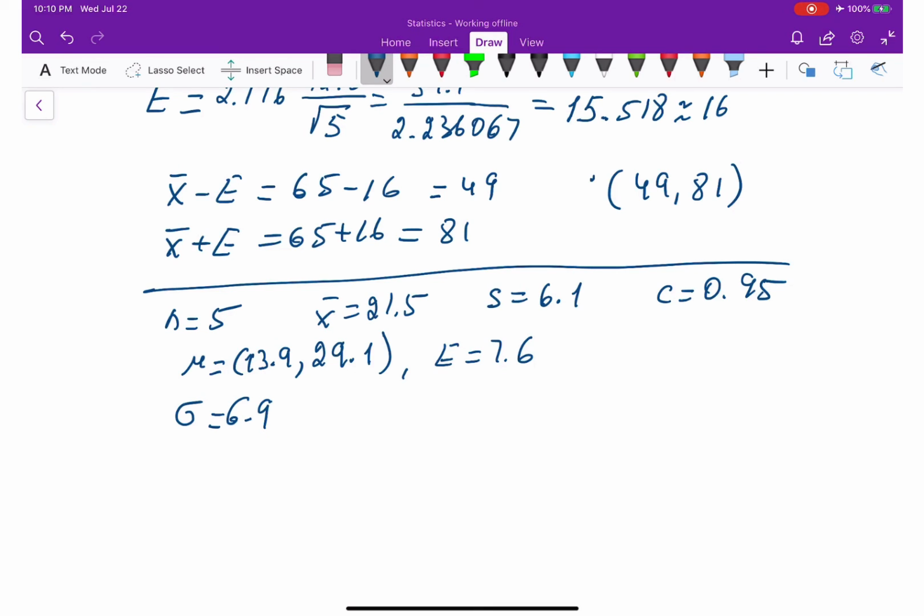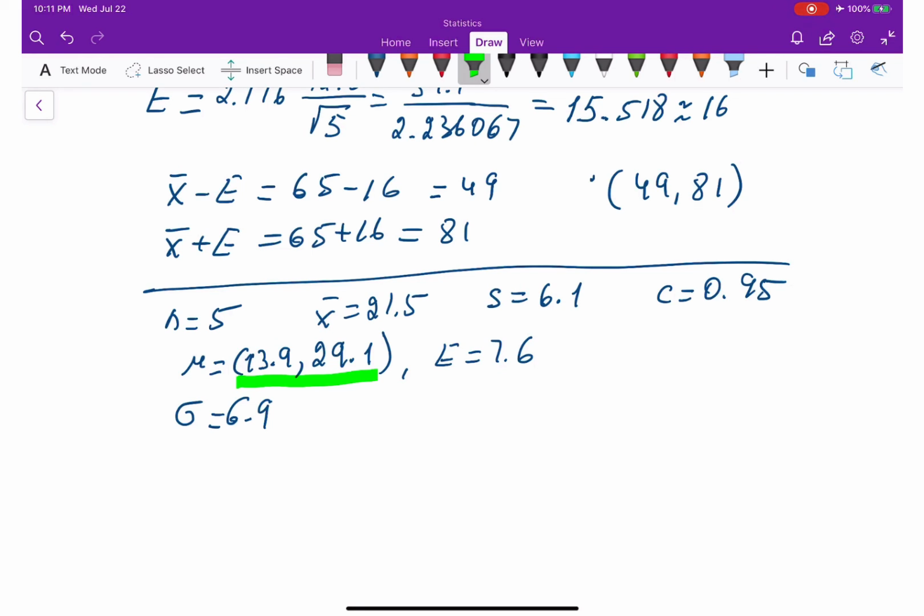Using the standard normal interval for the population mean mu, where the standard deviation is known, find the margin of error and construct a 95% confidence interval for the population mean.